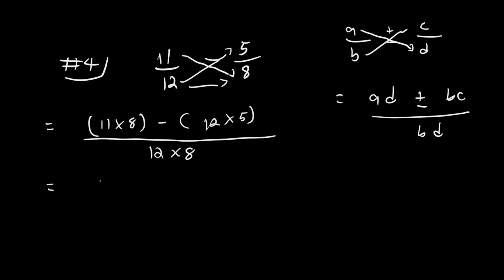Let's perform the multiplication. 11 times 8 is equal to 88 minus 12 times 5 is equal to 60, all over 12 times 8 is equal to 96.